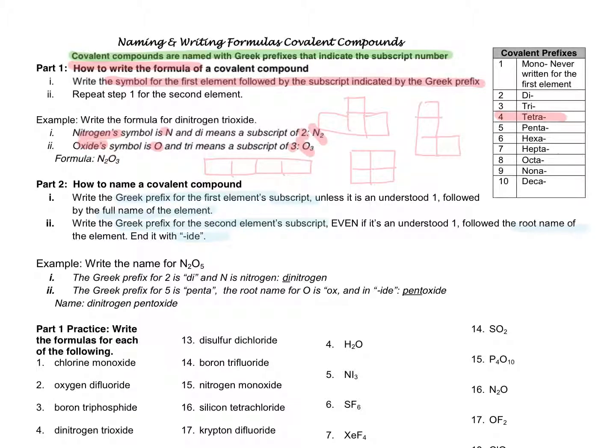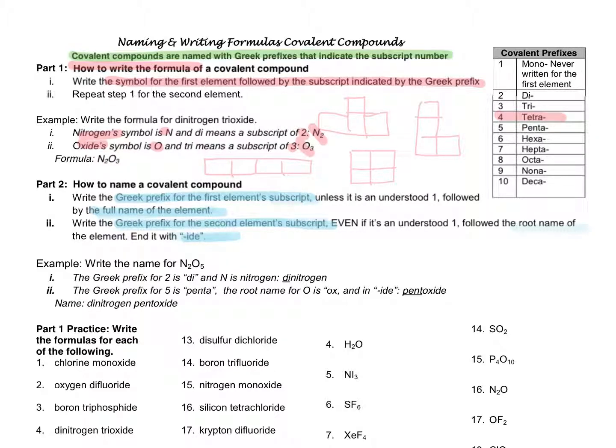This time, if I'm given N2O5, we know we have 2 N, so I need to write that in the name because I'm not given a charge. Charges don't decide these subscripts, so I have to actually tell you what the subscript is. If I just say nitrogen oxide, you have no idea what the formula is, because there are no charges to tell you what these subscripts are. So you have to say what the subscripts are.